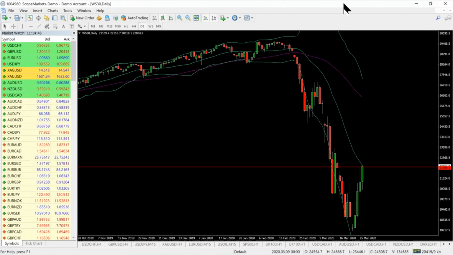So what this gives us is, the wider apart these bands are, the more volatility there is in the market. And if that's happening within a trend, as we can see at the moment, a severe, massive downtrend, the wider they get, the more likely they are to turn around.